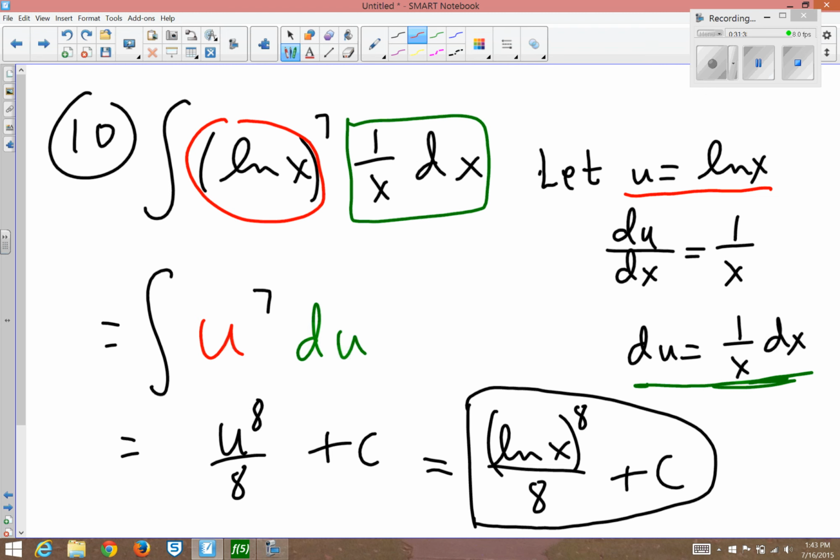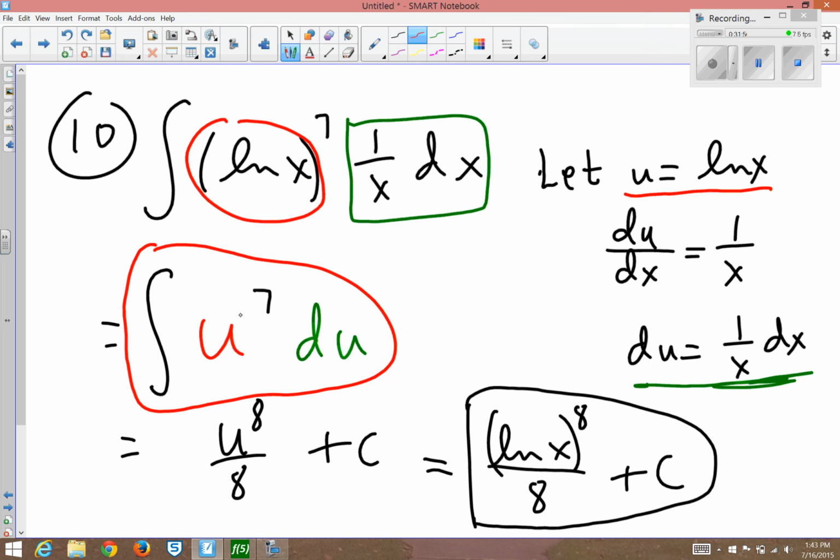If a letter is missing, then you're going about it wrong. You're on the wrong track. But if du is here, except maybe missing a number, then you're good. And the third rule, this is the final rule, the original has to turn into an integral that you know.